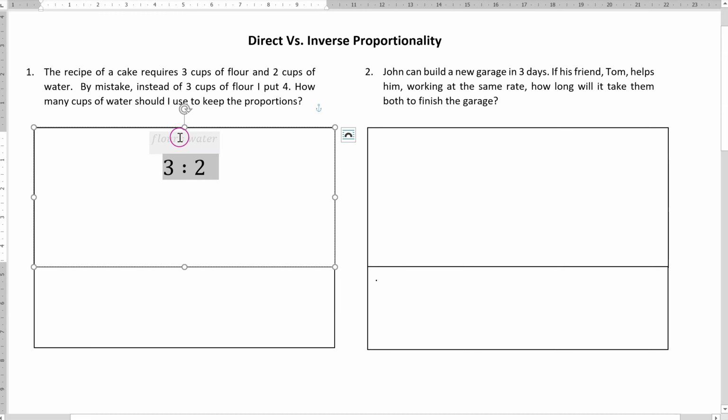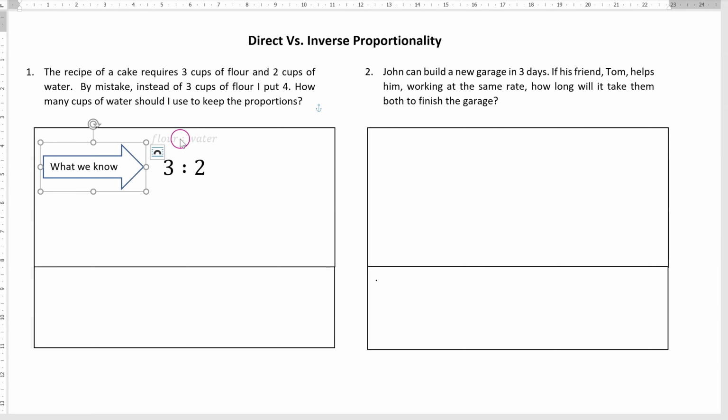I wrote flour and water here because it's absolutely mandatory that no matter what, you have to organize your data such that when you're talking about flour, it should be in this column to the left of the column here. And when you're talking about water, it should be in this column. This is what we know, okay?